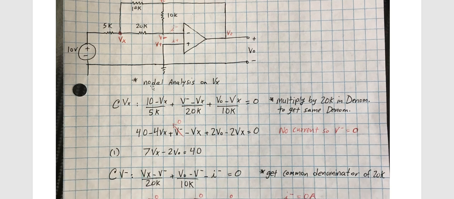And then doing it at V minus, it's just Vx minus V minus over the 20K ohm resistor plus VO minus V minus over the 10K minus IO, which all equals 0.